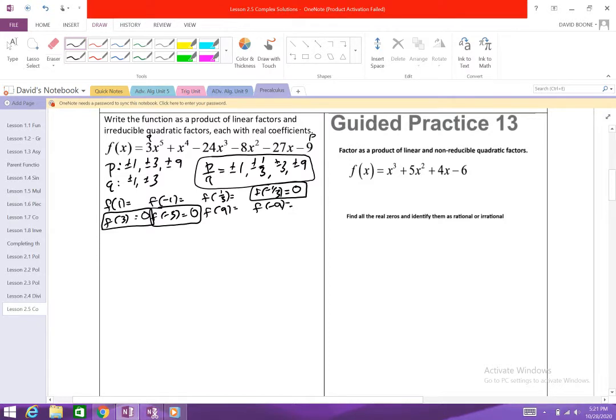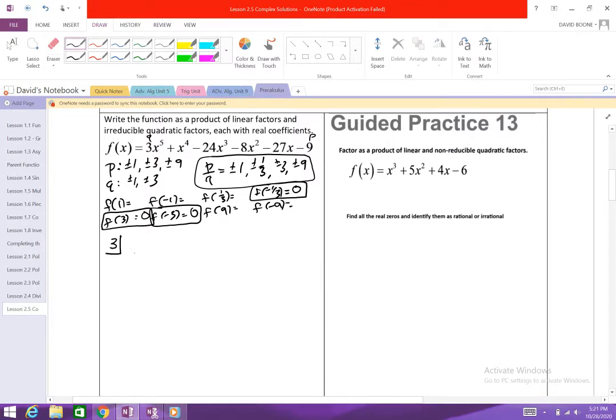So what we do know, if I just start with this first one, I know 3 is a root. So what I can do is use some synthetic division to see if I can find some of the other pieces.